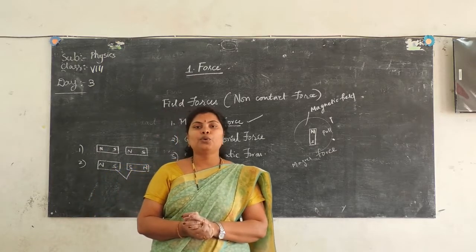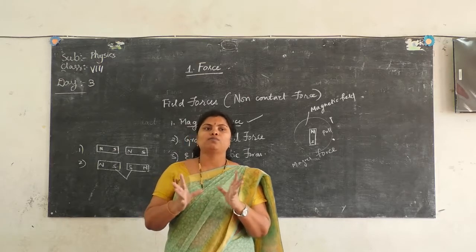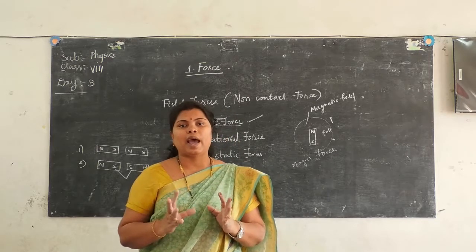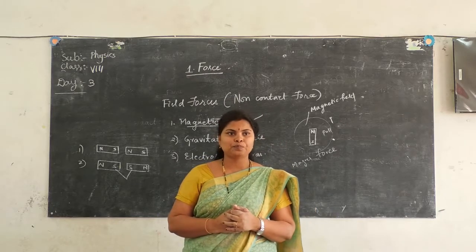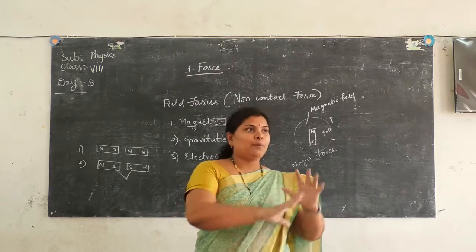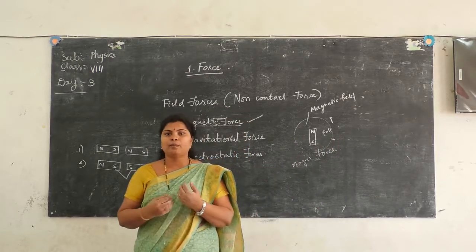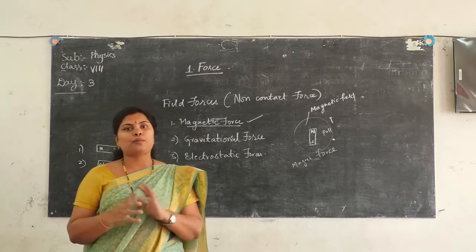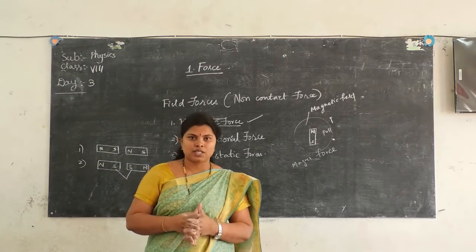No. From the universal law of gravitation, every object in the universe has some force of attraction between them. For example, we see many objects here in the classroom: the board, fan, wall, bench, nail, my watch, you, me, teacher, blackboard, many things, right? All these things have some force of attraction between them.